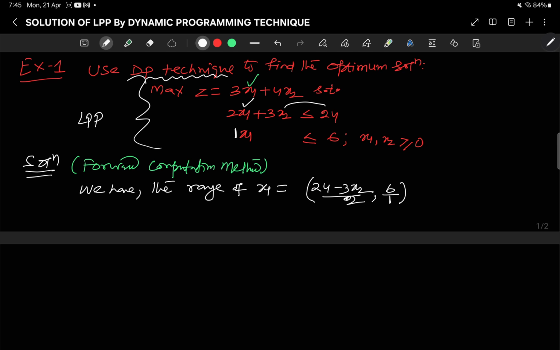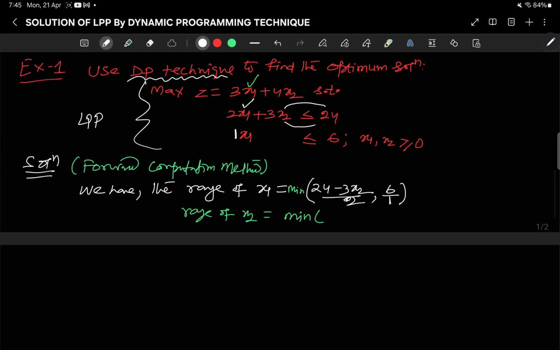To have a common solution we take the minimum of these. For the range of x2, likewise the minimum of (24 minus 2x1) divided by 3, and in the second equation we have 0x2, so it is 6 by 0, that is infinity. For the intercept we put the other variable equal to 0.